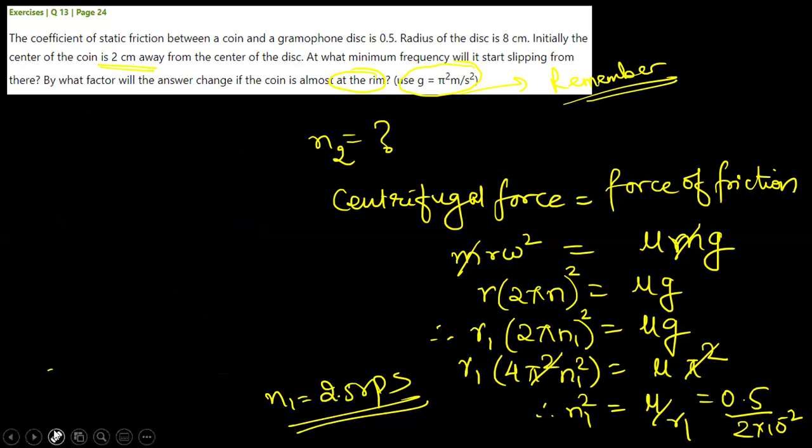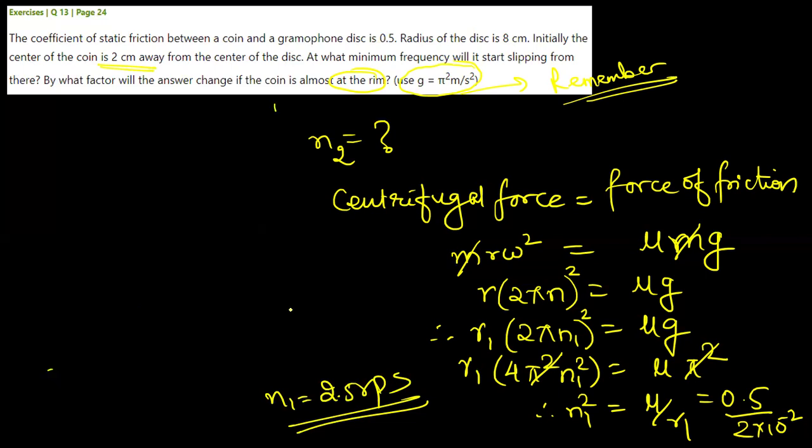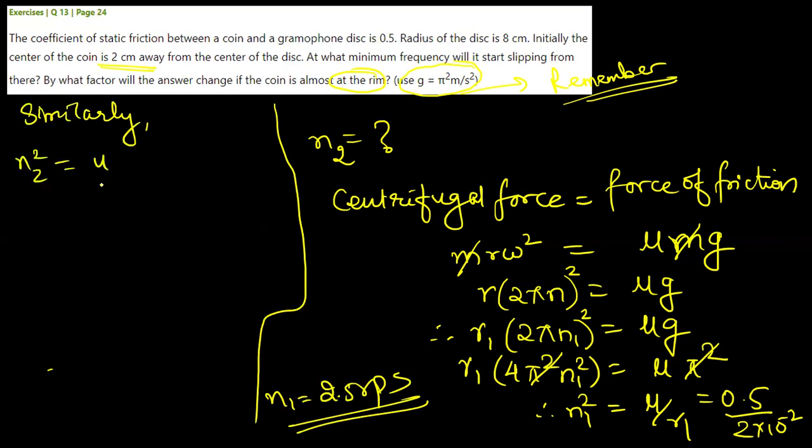Second case also you will have to do similarly. You do not have to solve it completely, you can directly write. The method will be the same, all the calculation will be the same. Similarly, I can write n2 square equal to mu upon r2. Simple, that's it. We solved it in detail for the first, so there is no need to solve for the second.